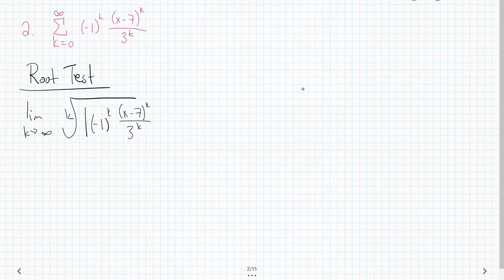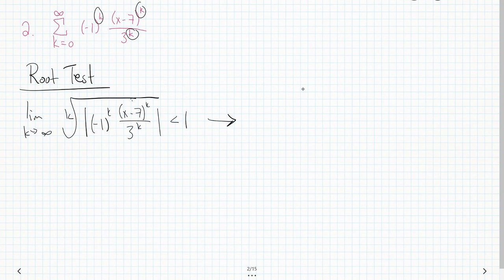And the reason why the kth root would work again is since all these powers match up. You can rewrite this. Oh, and by the way, we're looking for less than 1.